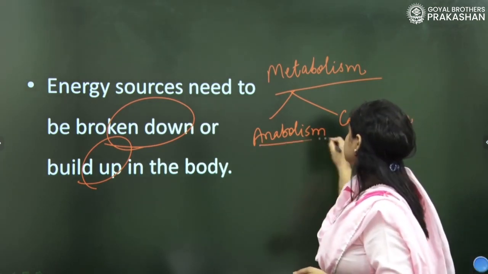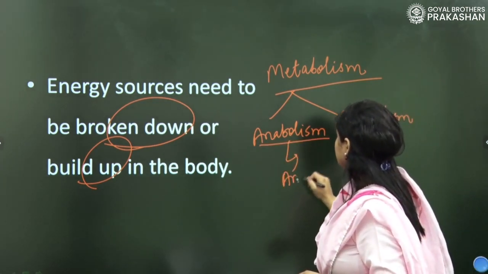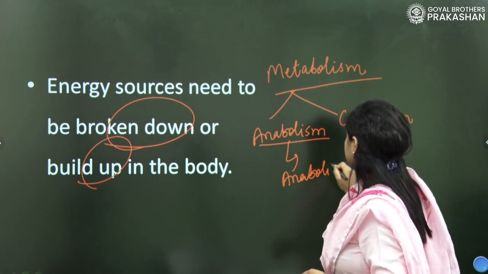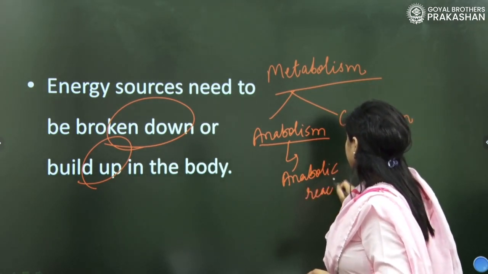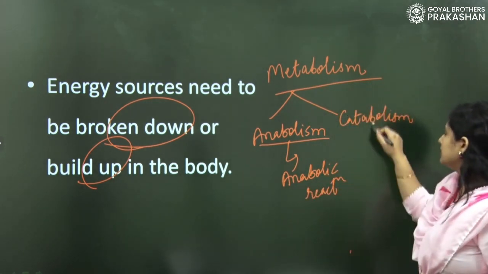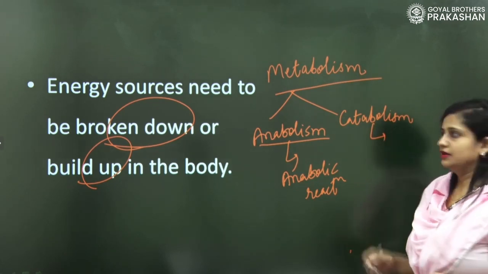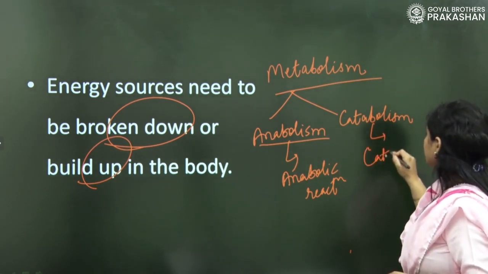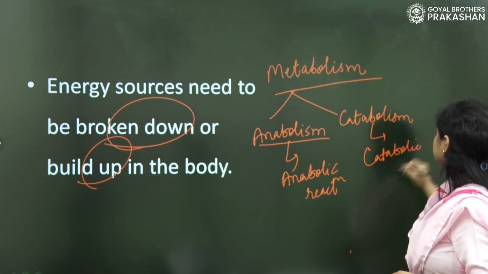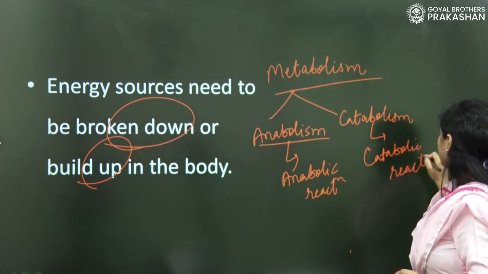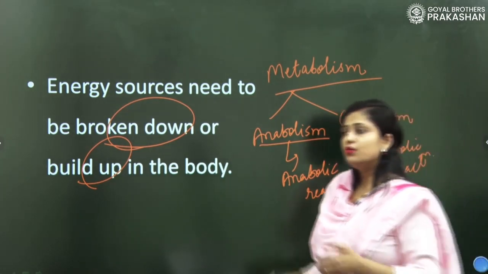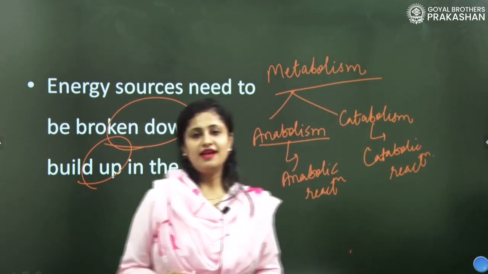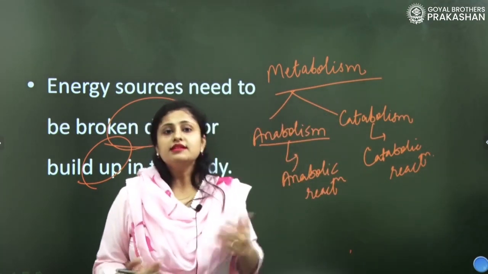Anabolism involves the anabolic reactions, and catabolism includes the catabolic reactions. Now, a question comes: what are these reactions and how are they necessary?